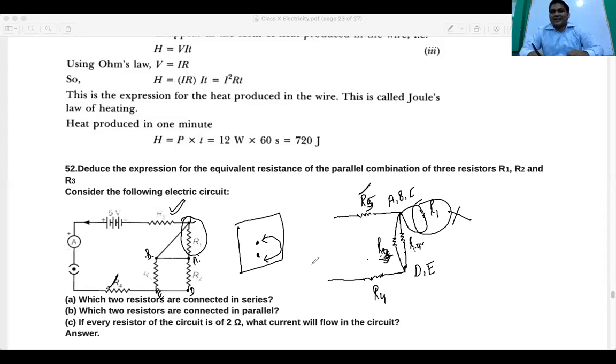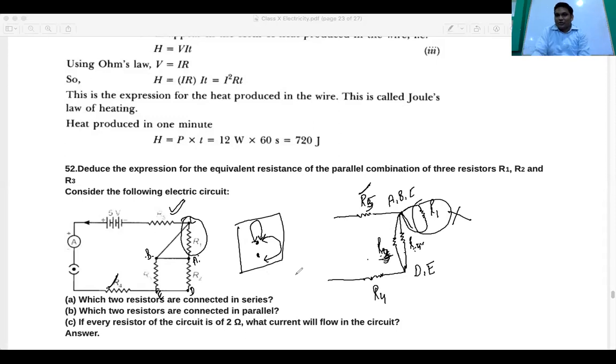There will be a short circuit, right? So this is the case of short circuit. If you are putting two ends of a wire in a single point, this is the case of short circuit.